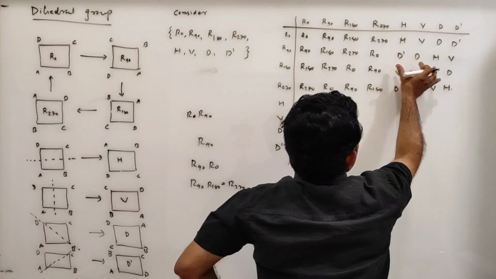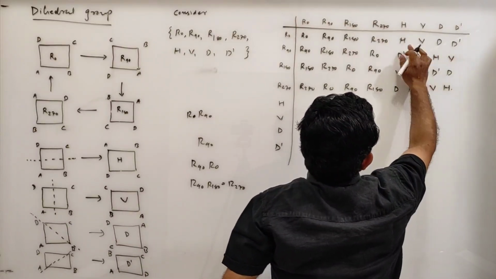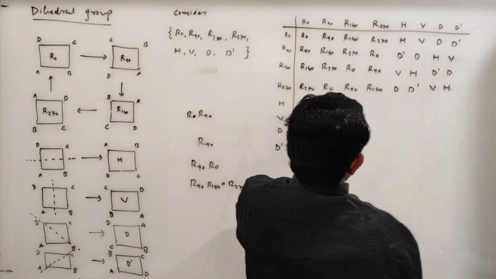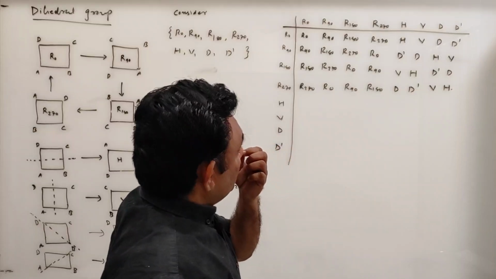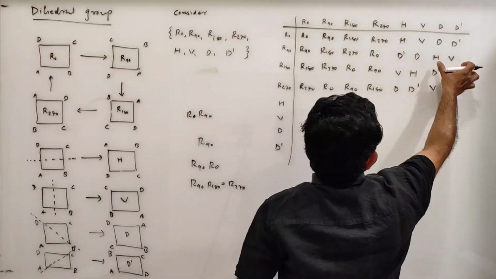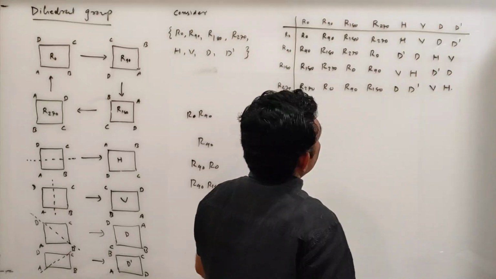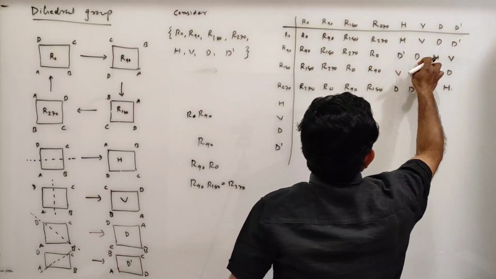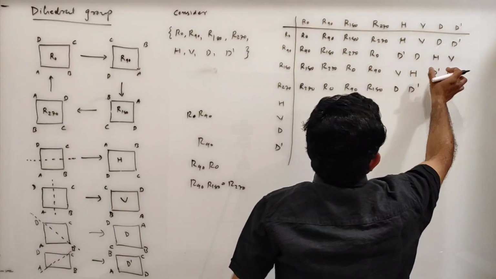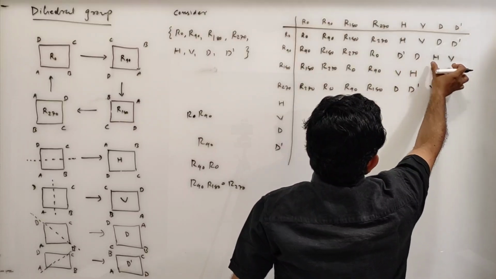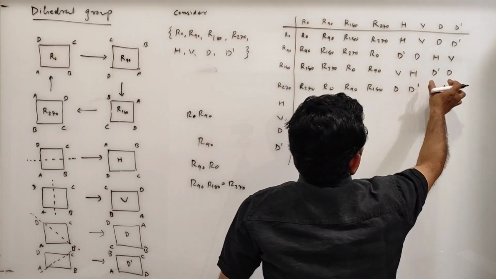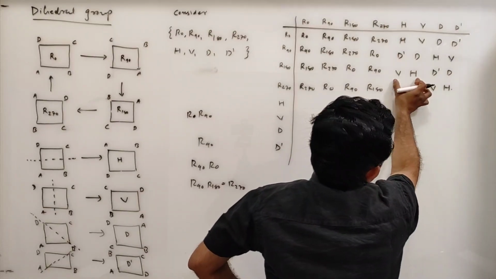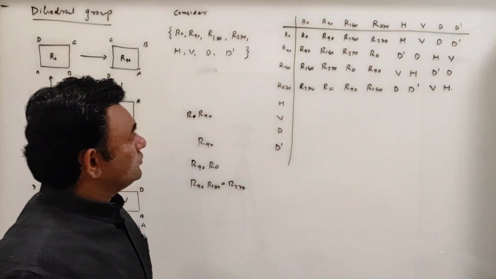You shift the last two positions as here, and here you just take the reverse. HV, yes, it is HV as it is. These two here and these two here. Now HV. Okay, last two but in reverse order, D dash D, and these two as they are. Now these two as they are, D dash D as it is, and here I have VH in reverse order. Now D dash D, D dash and VH as it is. So you have that block.